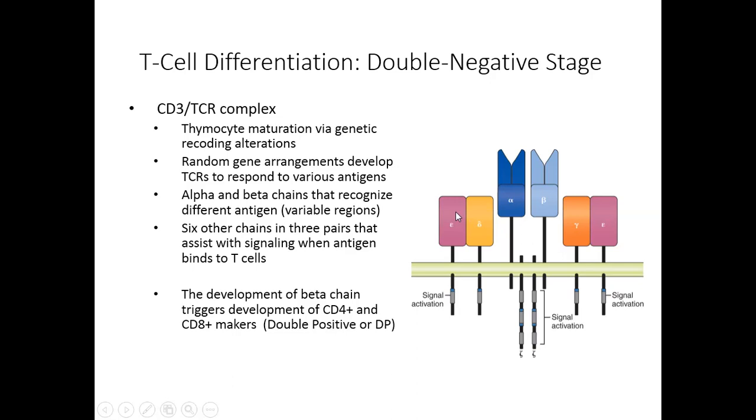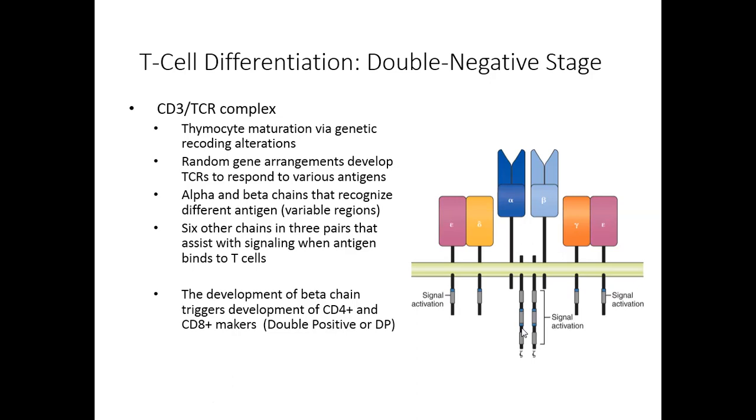The first pair of chains, one is an epsilon and one is a delta. The second pair of chains, one is a gamma and an epsilon. And the intracellular ones are called tau-tau, T-A-U. So there's a tau chain and a tau chain. That's a tau-tau pair. So an epsilon gamma, an epsilon gamma, an epsilon delta, and a tau-tau.